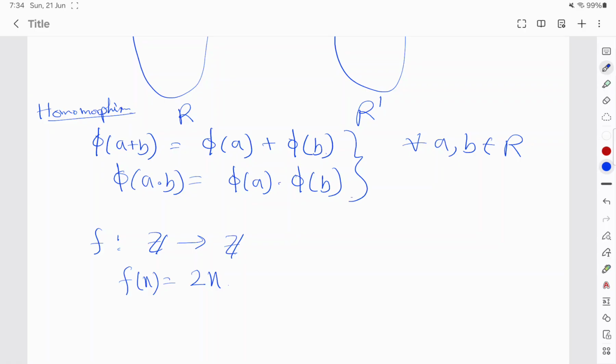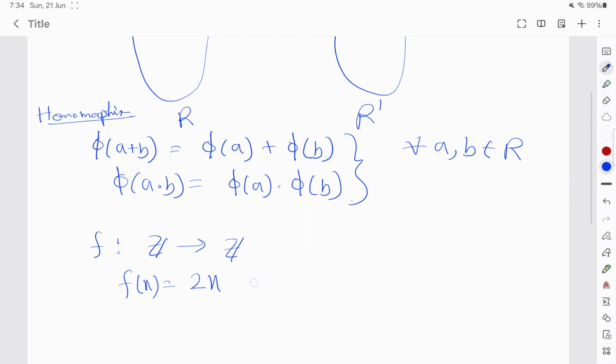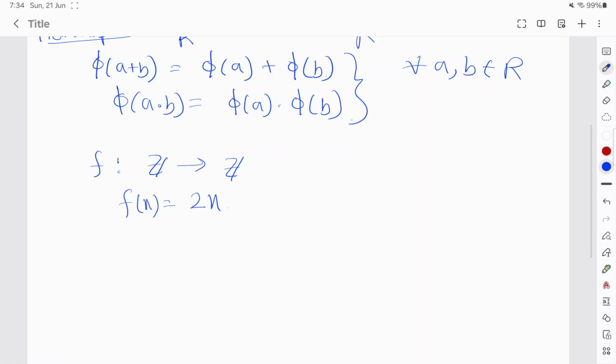Is it one to one? Obviously it is one to one. If f x equals f y, this implies 2x equals 2y, so this implies x equals y. So this is one to one, therefore monomorphism.